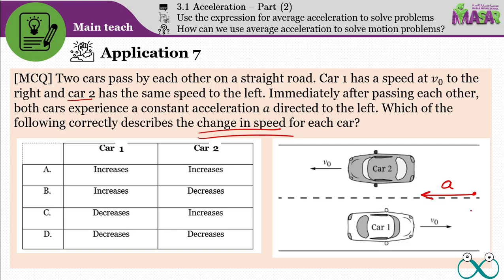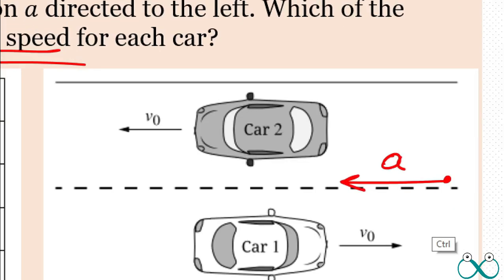Now let me remind you that if you apply the acceleration in the direction of velocity, the velocity will start to accumulate, or increase. Now if you apply the acceleration against the velocity, what will happen to the velocity? It will start to dissipate. The velocity will decrease.